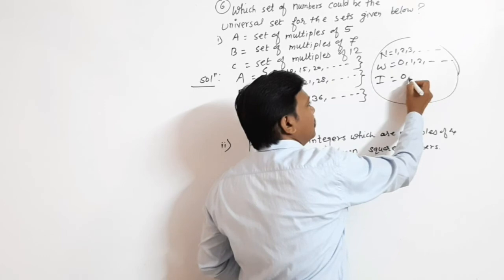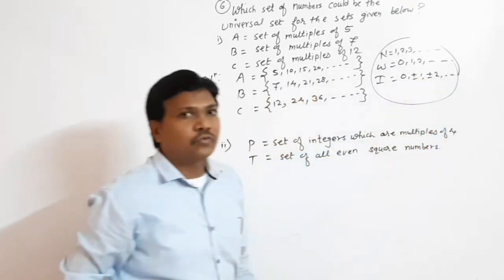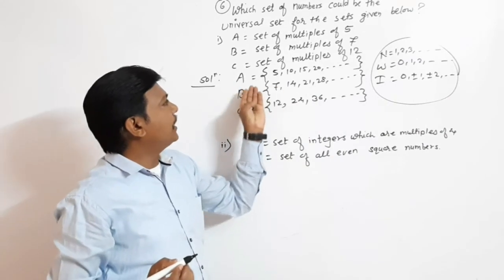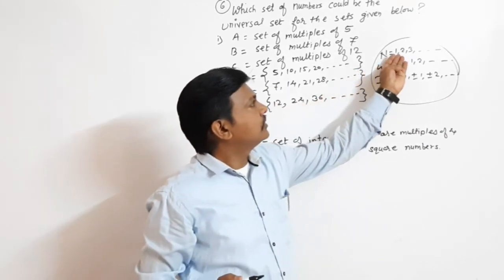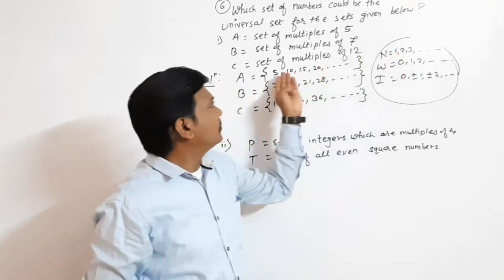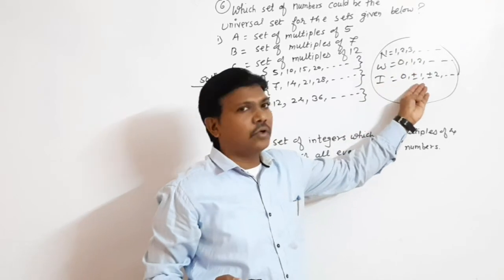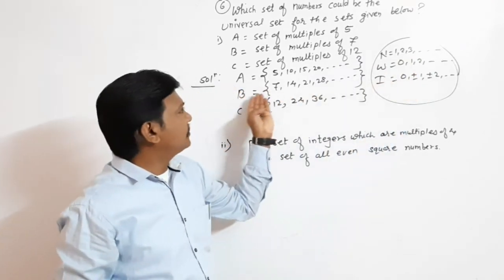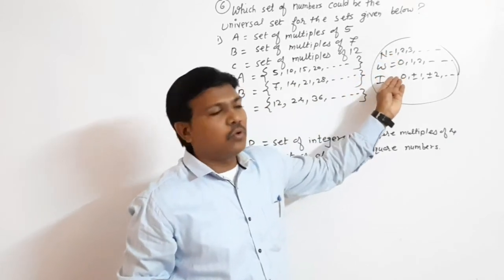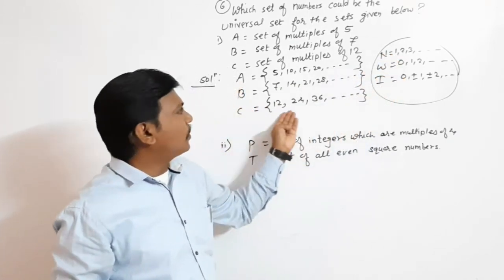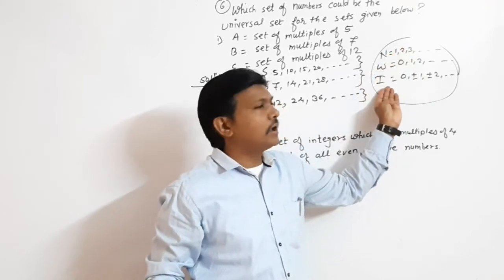Integers: 0, plus minus 1, plus minus 2 and so on. See, all of A, B and C are in natural numbers, means multiples of 5 are in natural numbers, in whole numbers, also in integers. Similarly, multiples of 7 also belong to N, W and Z. Multiples of 12 also belong to N, W and Z.